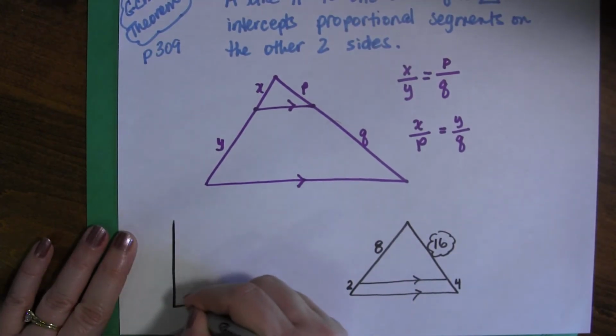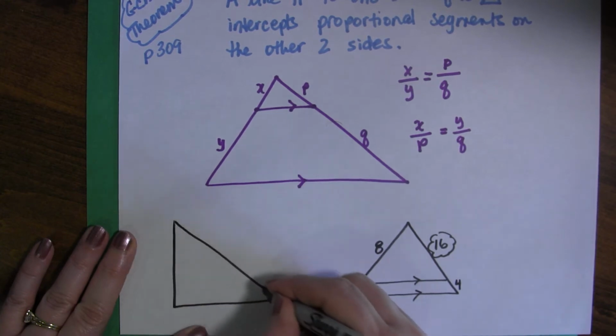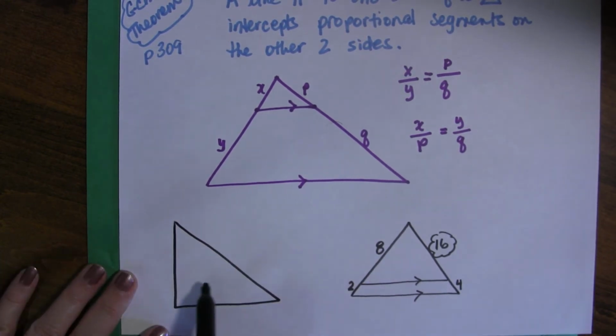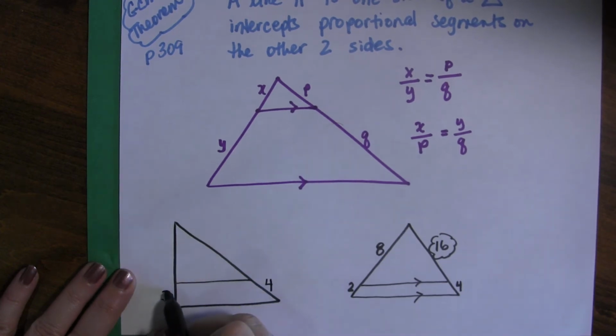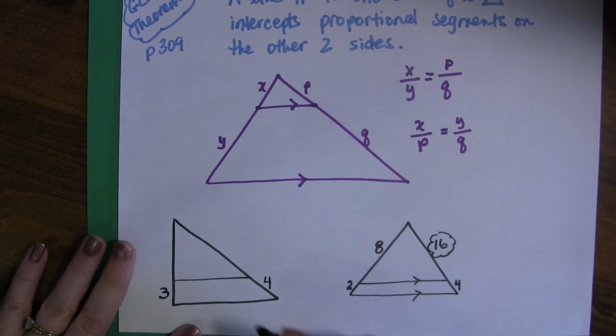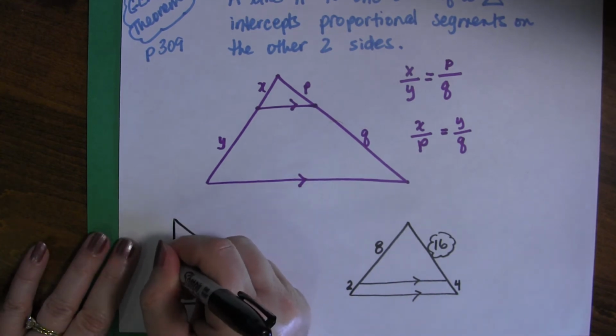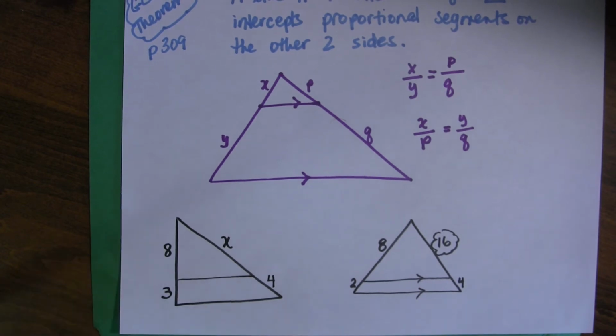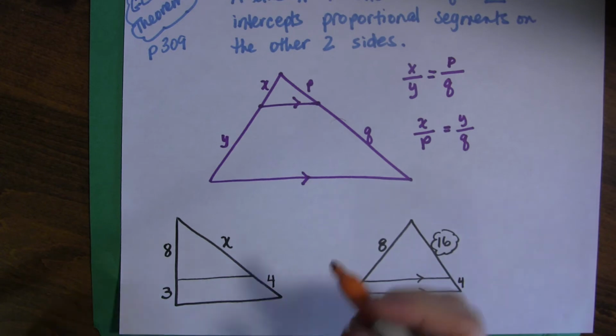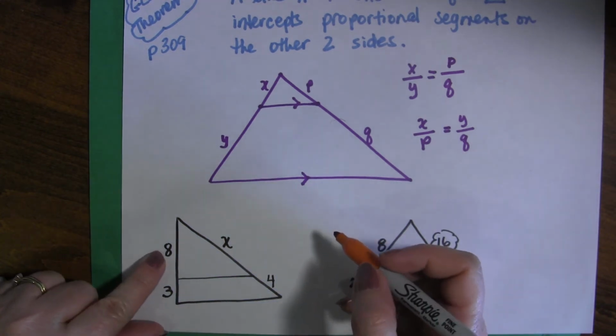We'll do a right triangle like this, and we will draw a line like this. And if I know that this is 3 and this is 4, and I know that this is 8, can you tell me what X is? Well, I certainly hope so. Let's see. I will get an orange marker here and we will make a formula.